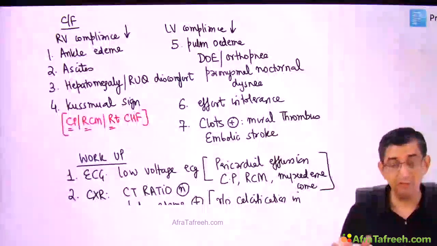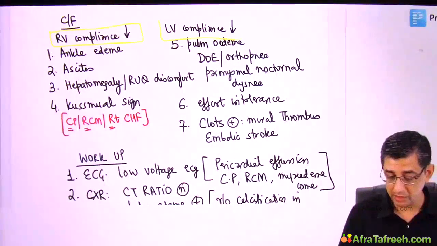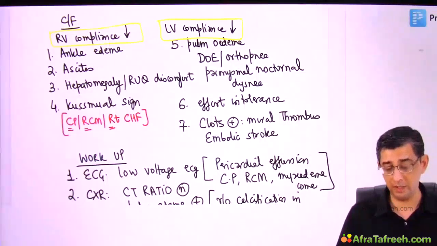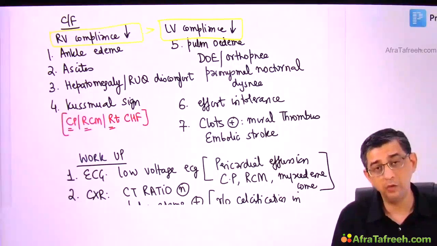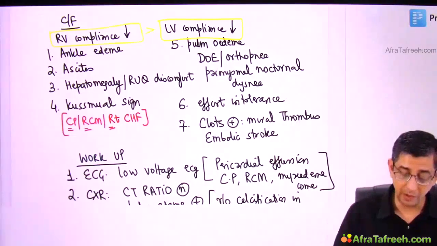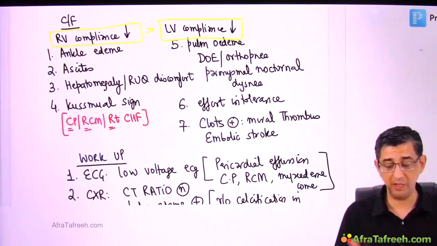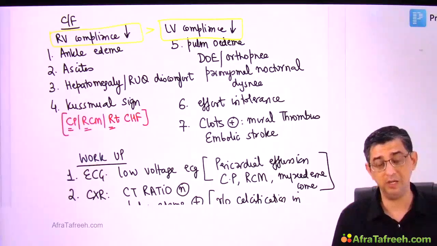You can see the function of both the left as well as the right ventricle is getting compromised, obviously serially. But once the patient comes to you, it would obviously be in later stages a combination of the two. If he comes early, then initially it would be reduced right ventricle compliance, and the peripheral findings in the form of 1, 2, 3, 4 that I've highlighted before you.